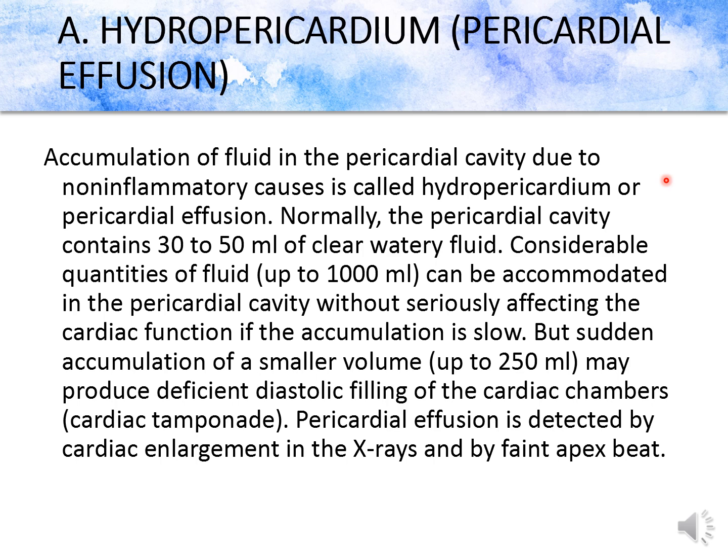But the effect on cardiac function is quite slow. But sudden accumulation of a smaller volume, up to 250 milliliters, may produce deficient diastolic filling of the cardiac chambers. For example, such condition we see in cardiac tamponade. Pericardial effusion is detected by cardiac enlargement in X-ray and faint heart sounds.